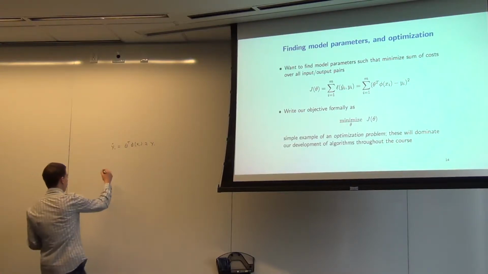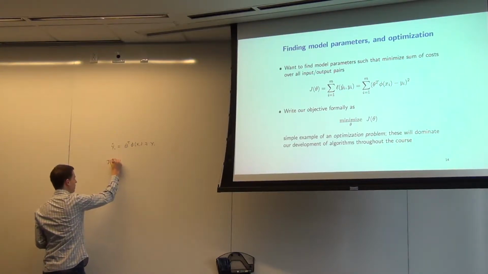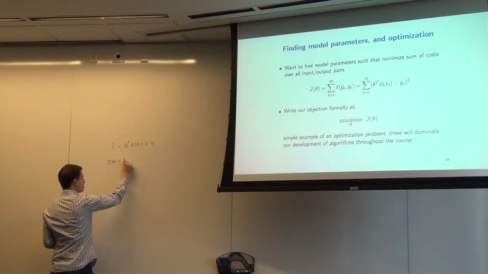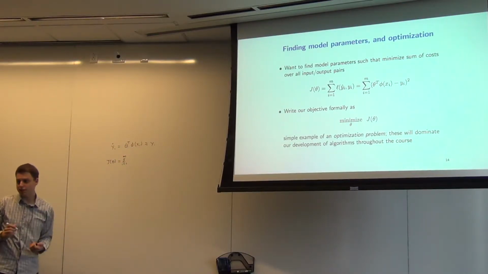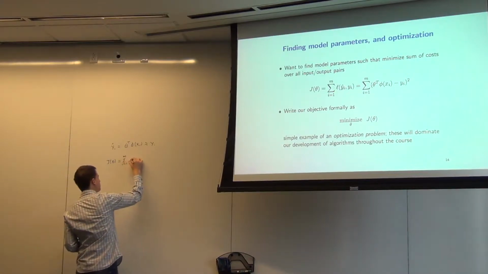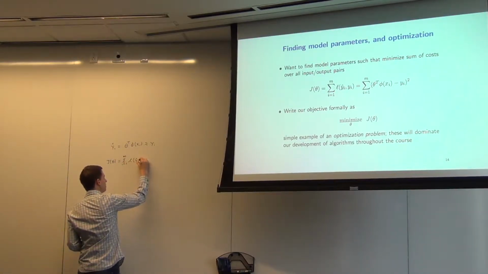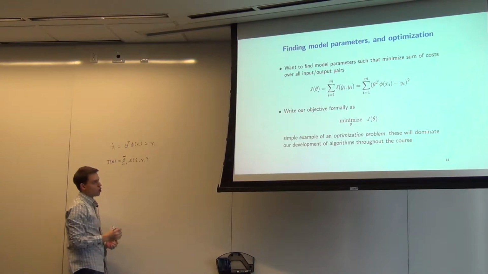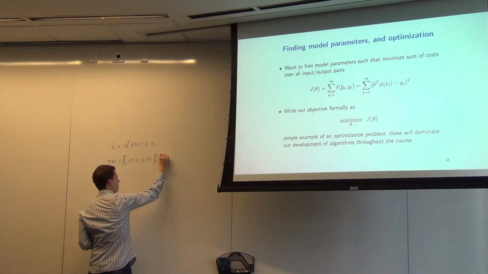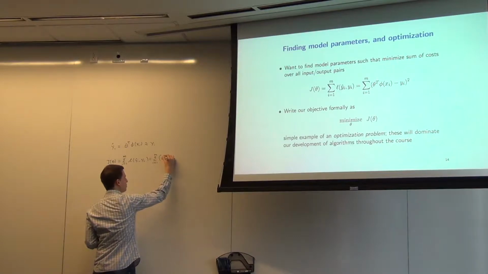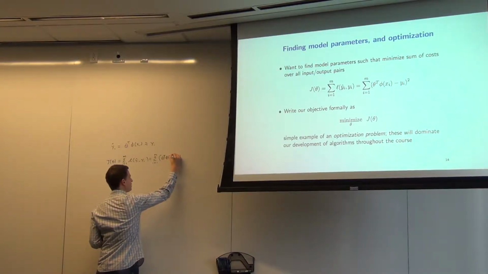So we're going to think of our cost function J of theta as being equal to just the sum over all our examples. Remember, there are m different examples of the loss between our predicted output and the true output, which in this case is equal to the sum from i equals 1 to m of (theta transpose phi of x_i minus y_i) squared.